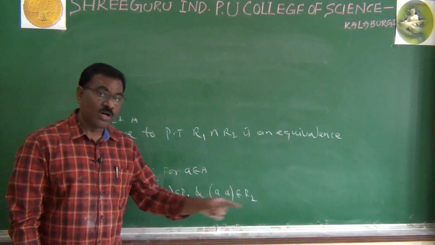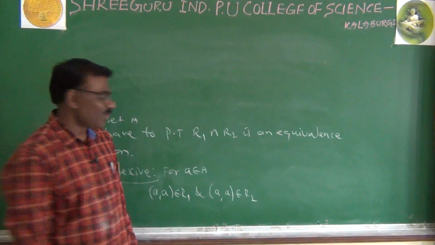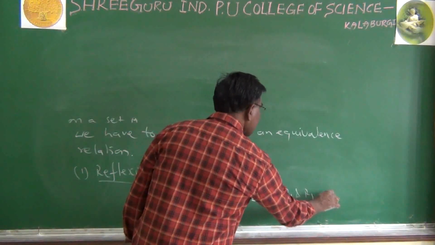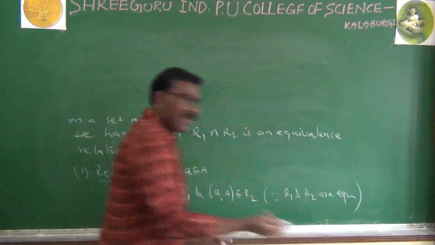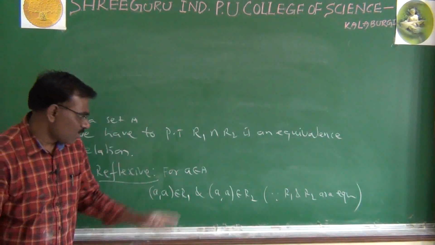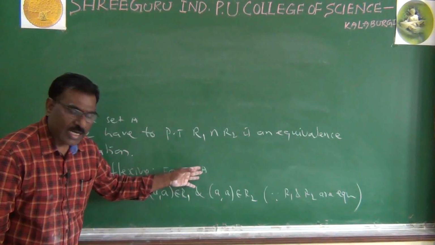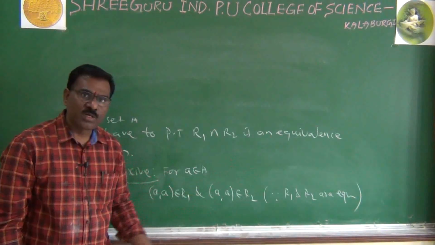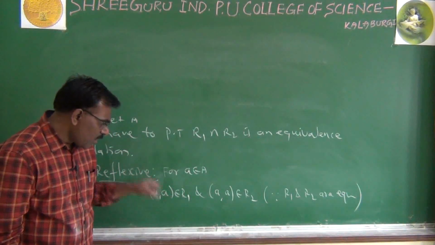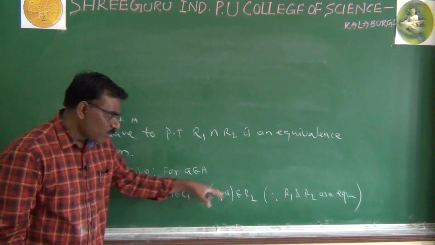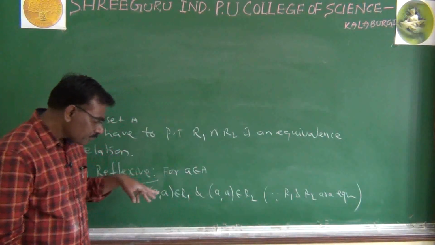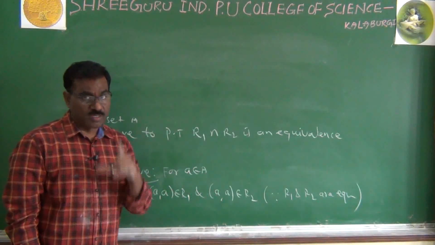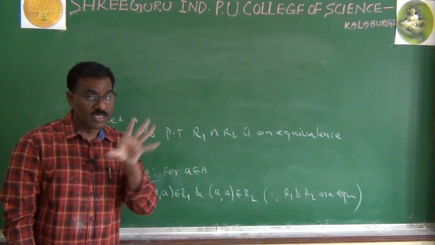Because R1 and R2 are both equivalence relations. Equivalence relations, I told you, are reflexive, symmetric and transitive.